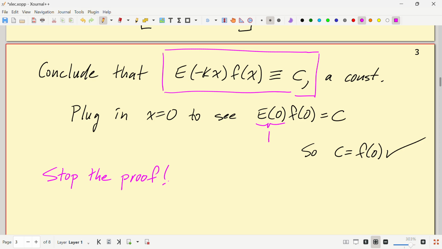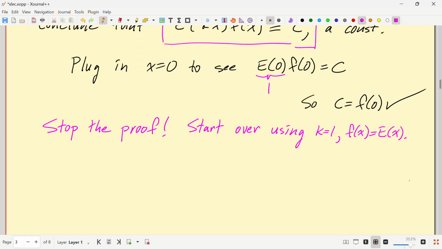I'm going to stop the proof and start over using k equal 1 and f of x equals e of x. Then that f of x satisfies the property.